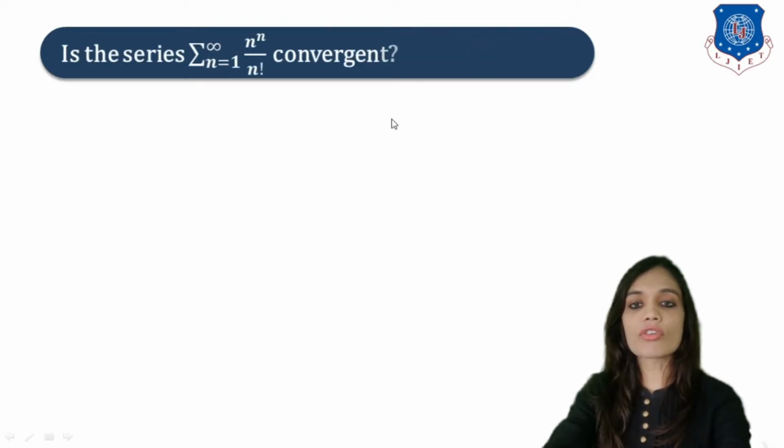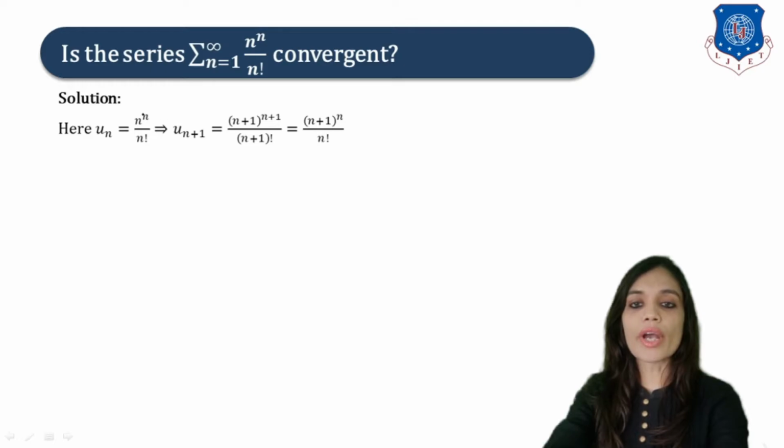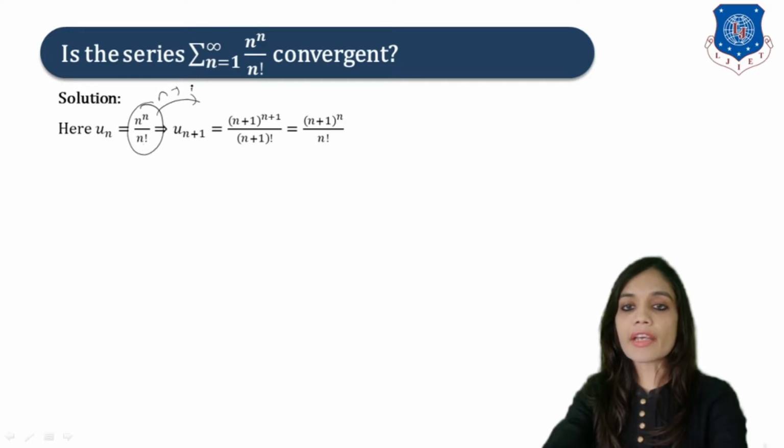Now let us start solving one more example. Is the series summation n equal to 1 to infinity n raised to n upon n factorial convergent? Here you are given un as n raised to n upon n factorial. Now find un plus 1 by replacing n by n plus 1.